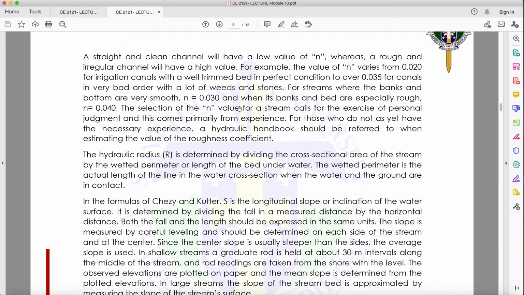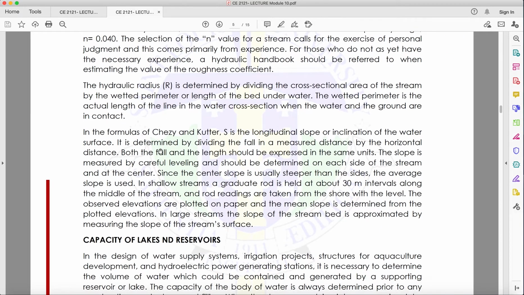The selection of the N value for a stream calls for the exercise of personal judgment. If you are quite experienced already in the field, or if you know someone experienced in the field, then it is his or her judgment that determines the best value of N. For those who do not yet have the necessary experience, a hydraulic handbook should be referred to when estimating the value of the roughness coefficient.